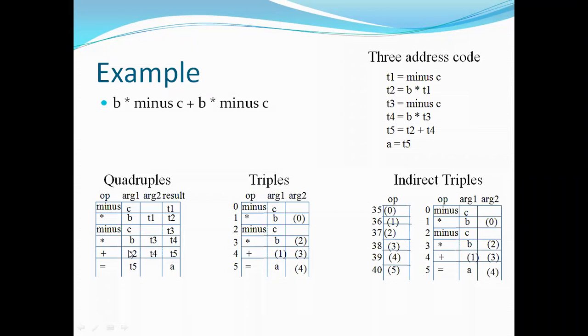And T2 is referred with serial number 1, and T4 is referred with serial number 3. That is 1 and 3. Is it clear now?